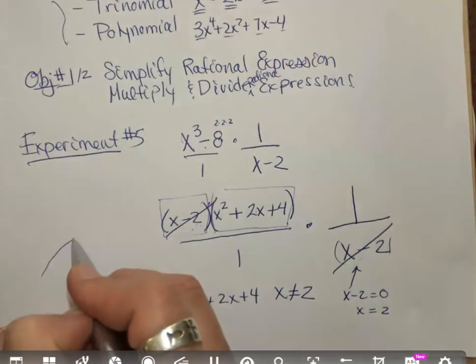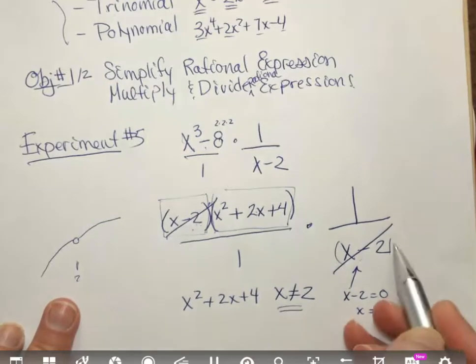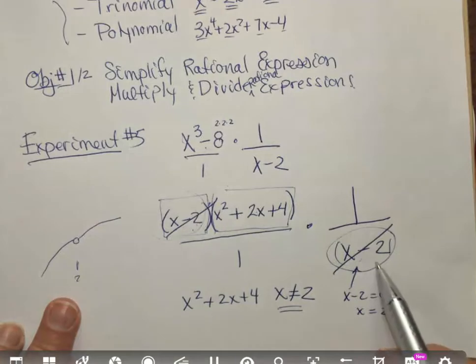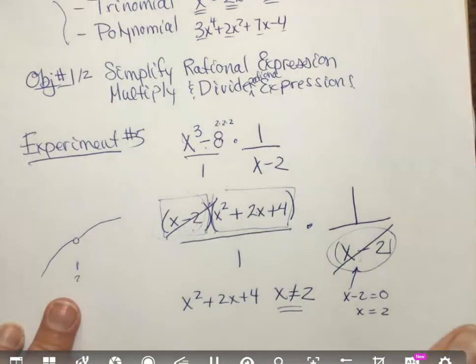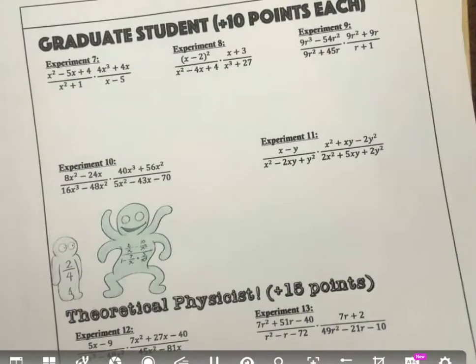The graph would just have a little hole in it and keep going however it would go. So we're not going to hit graphing at this point, but that's what's happening here. This canceled, I know it canceled, but originally it was in the denominator, so that is an undefined point of the graph.